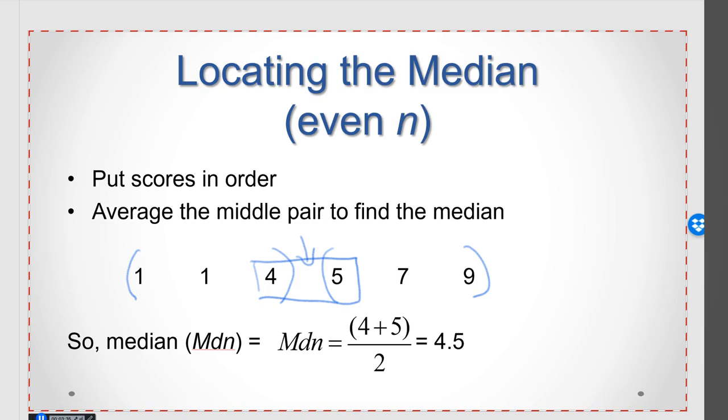Okay, so in order to calculate the median here, we're going to have to take the average of 4 and 5. So the median is going to be 4 plus 5, which is 9, divided by 2, equal to 4.5.